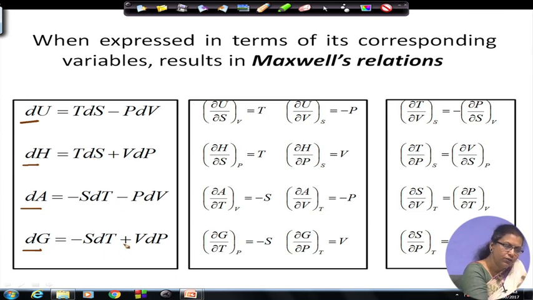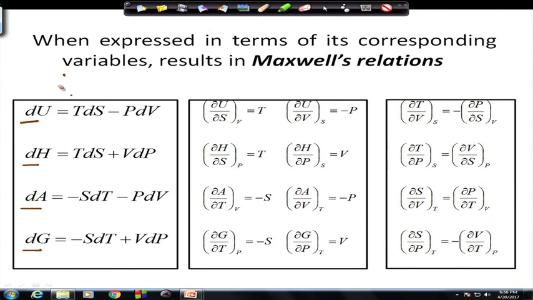Number 2 is we already know that all of them are properties of the system. So, therefore, they are exact differentials. What are the properties of exact differentials? If you remember, suppose P is an exact differential and it is a function of, say, x and y.